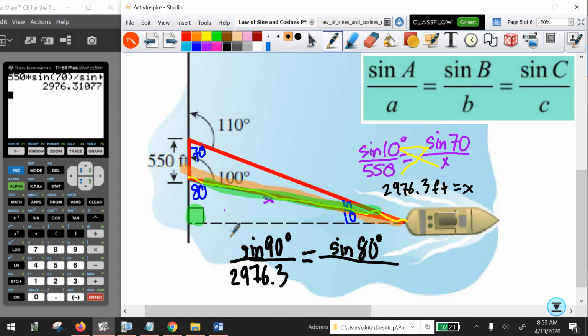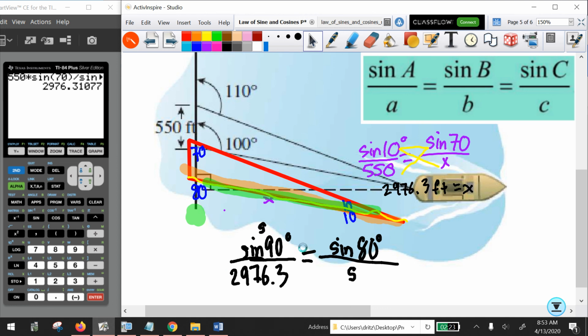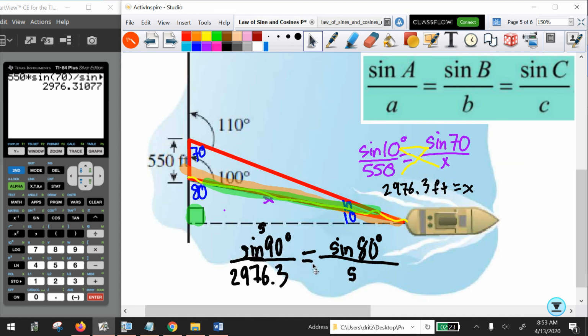We'll call this distance from the boat to the shore S, over S. All right, so to solve for the distance to the shoreline, again, we're just going to cross multiply and divide. This times this divided by this equals this.